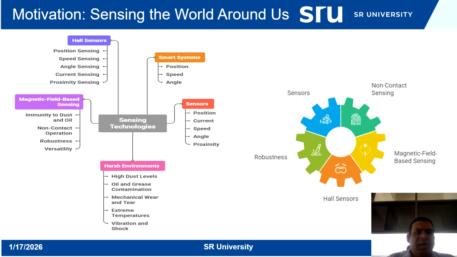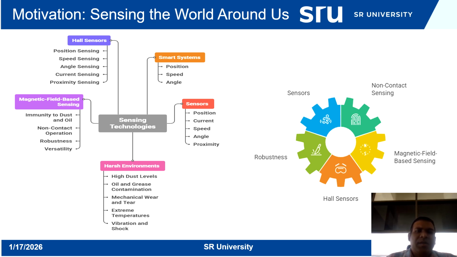Now, starting in this slide, I am going to discuss the motivation: sensing the world around us. Every smart system starts with a sensing mechanism, and any intelligent or smart system can interact with and interpret the outside world.